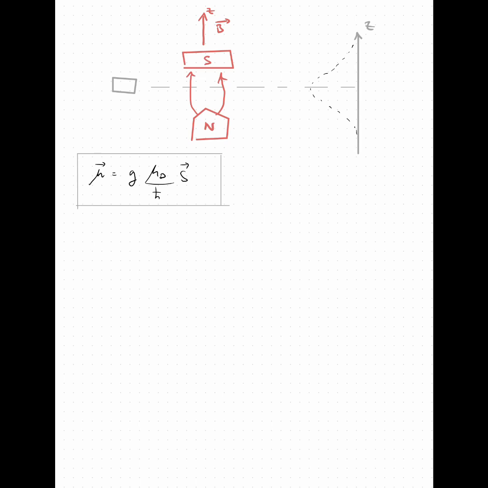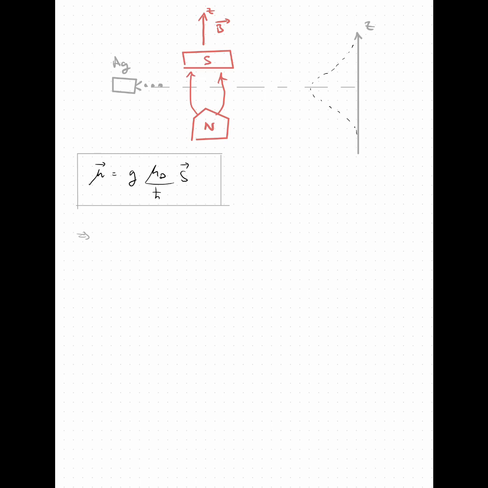Okay. So in the experiment, what you have is a force acting on particles due to the field. And that force will be equal to the spatial derivative of the potential.